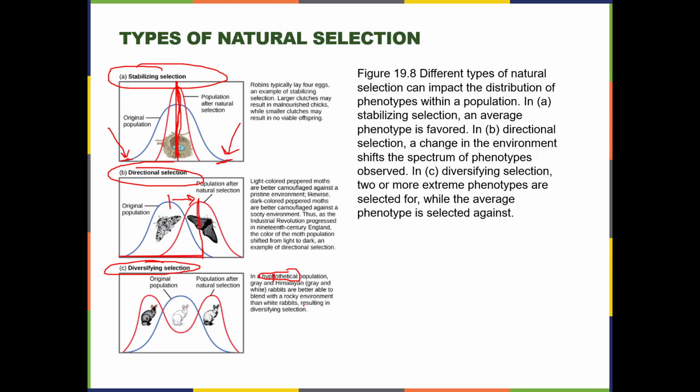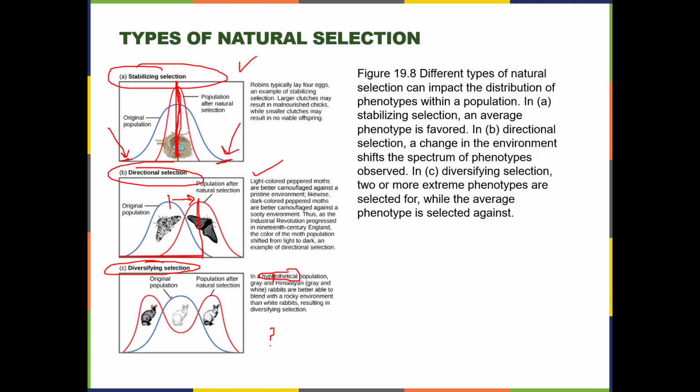But in a hypothetical population, they couldn't even come up with a real example. So this is very, very unusual. So stabilizing selection, pretty common. Directional selection, very common. Diversifying, we're going to learn this one as an academic concept primarily.